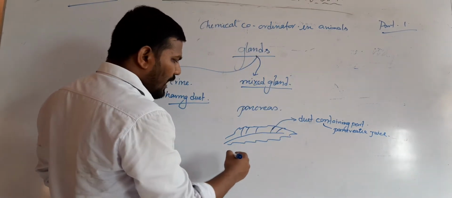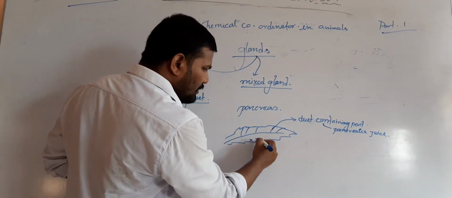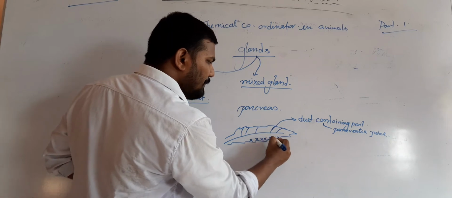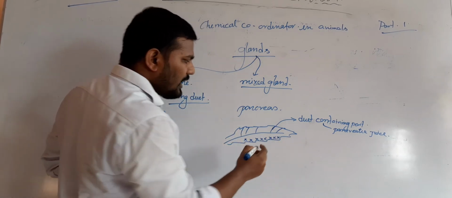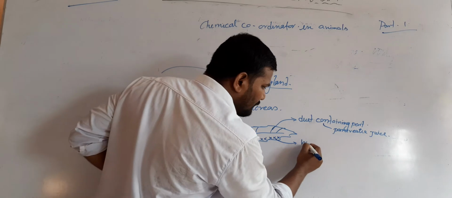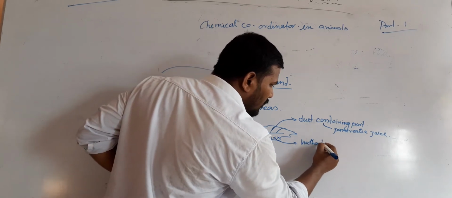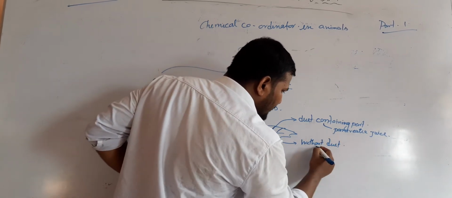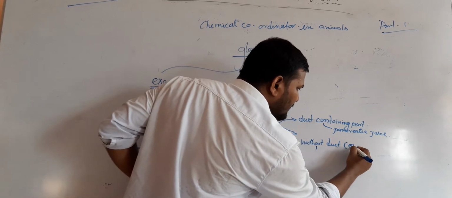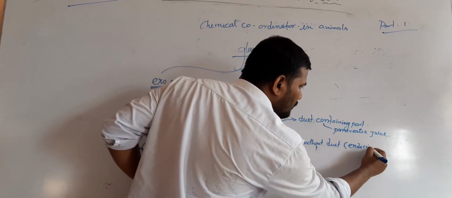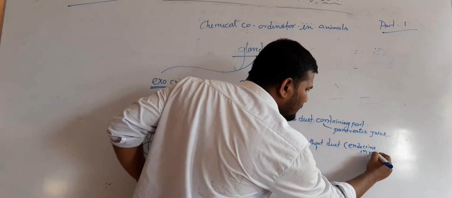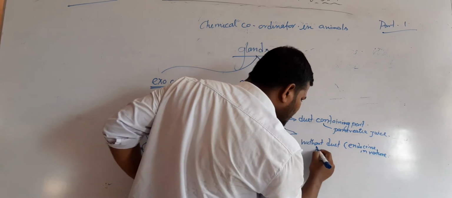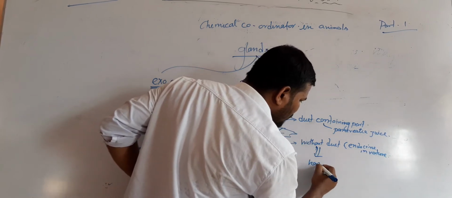In the below part, there is no duct, only cellular parts are present. The portion without a duct is endocrine in nature. From this, the pancreas secretes hormone.